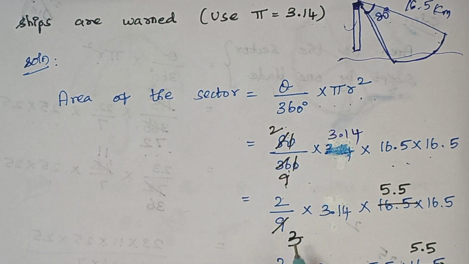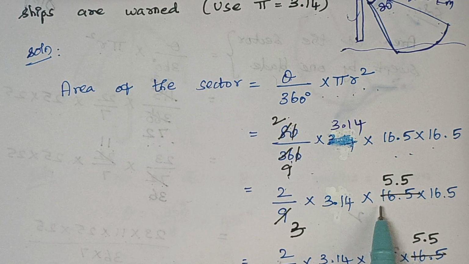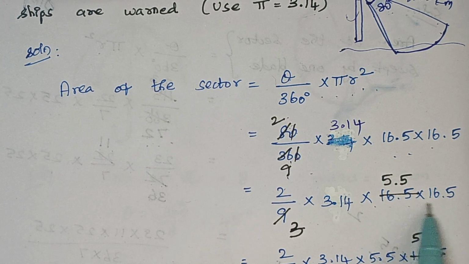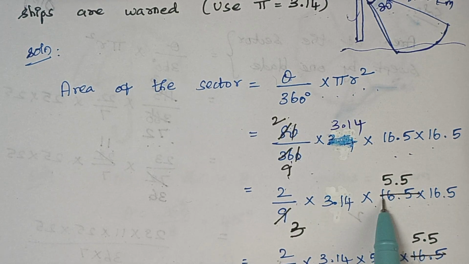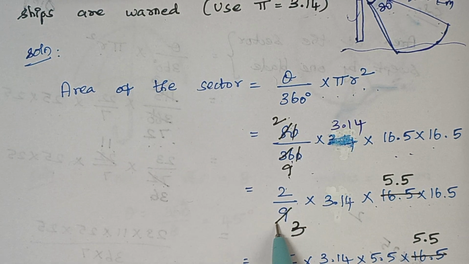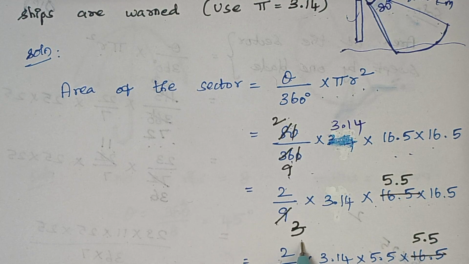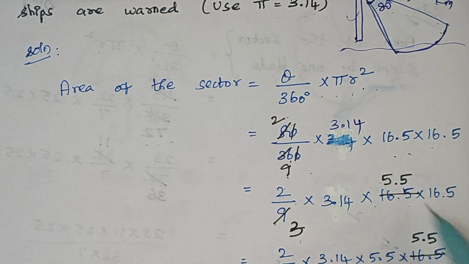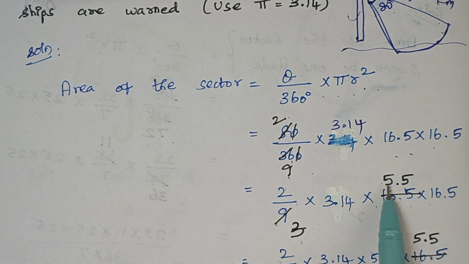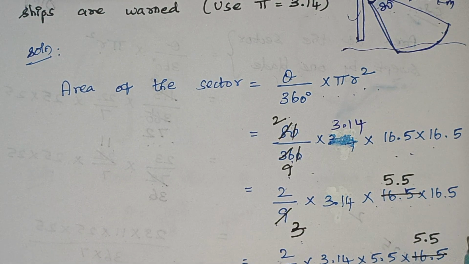So here comes 2 by 9 into 3.14 into 16.5 into 16.5. So again this 9 and the 16.5 can be cancelled by 3, right? So 3 3s are 9, and here 5 3s are 15, and the balance is 1, and again 5 3s are 15. So here it is 5.5, right?